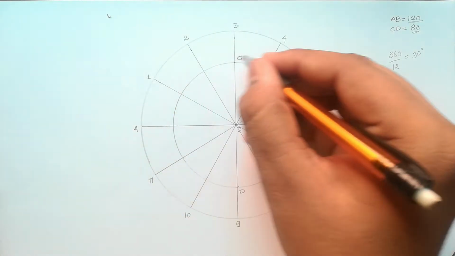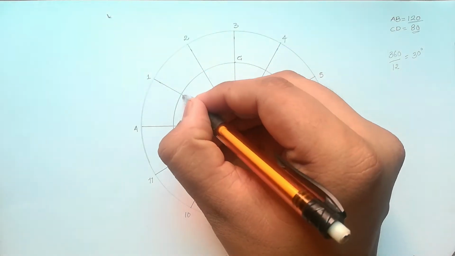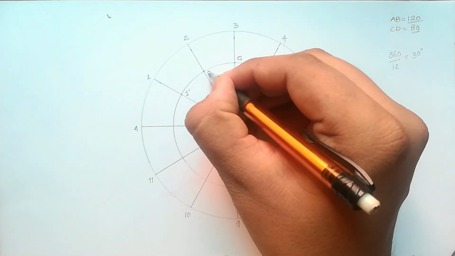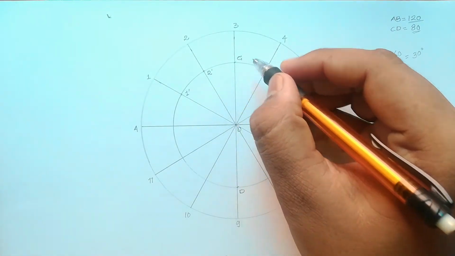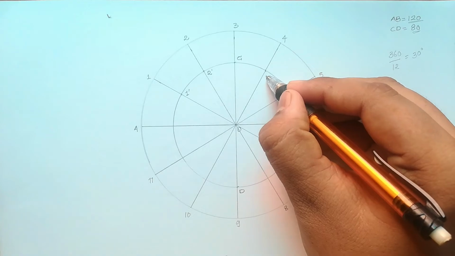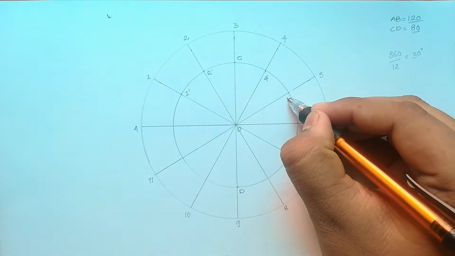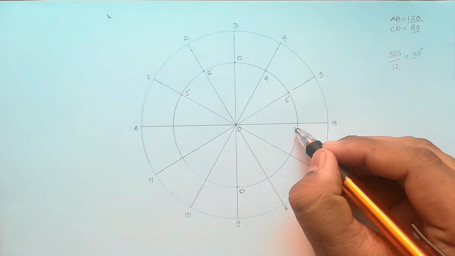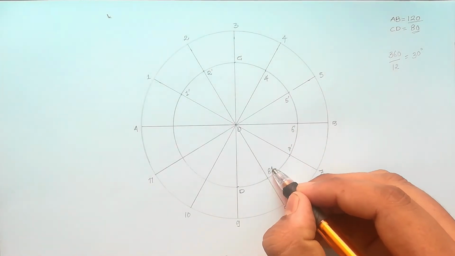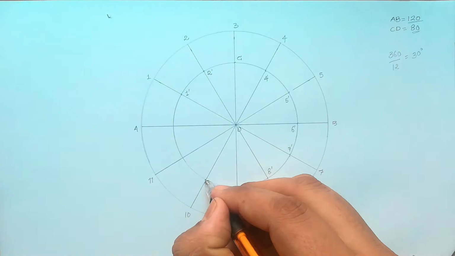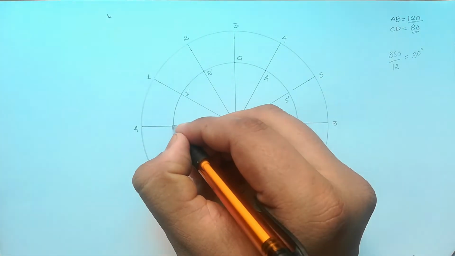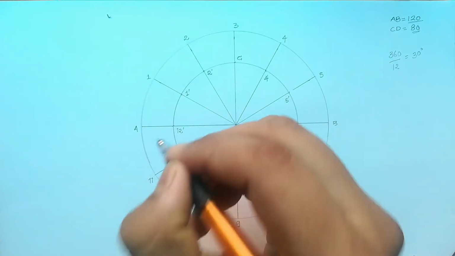I will do the same thing for the inner circle, but over here I will mark 1 dash, 2 dash. Over here C is already given as a point, so I will skip this one. This is my 4 dash, 5 dash, 6 dash, 7 dash, 8 dash, 9 dash, 10 dash, 11 dash, and this is going to be my 12 dash.